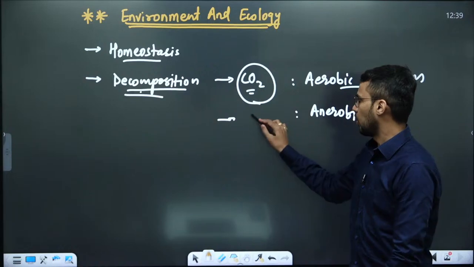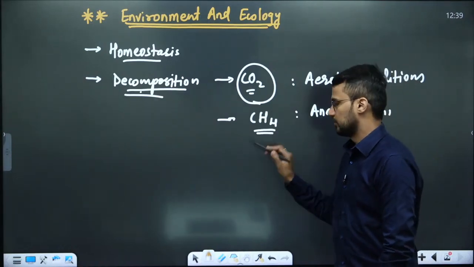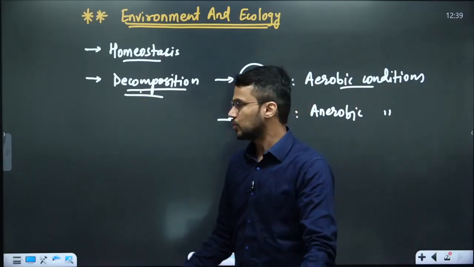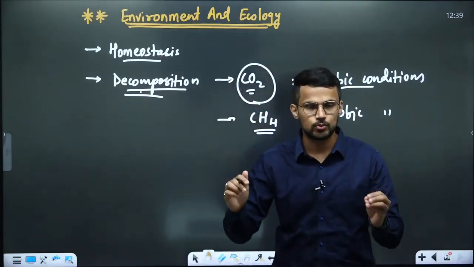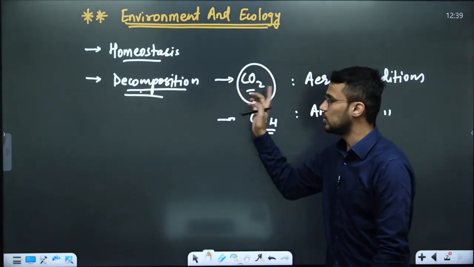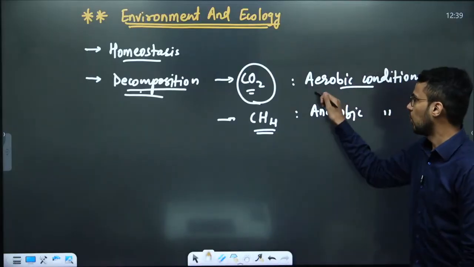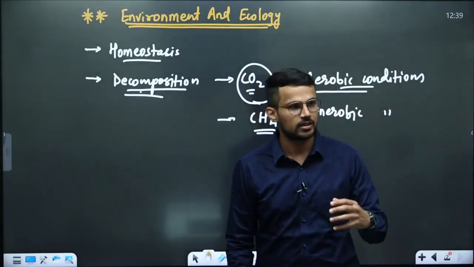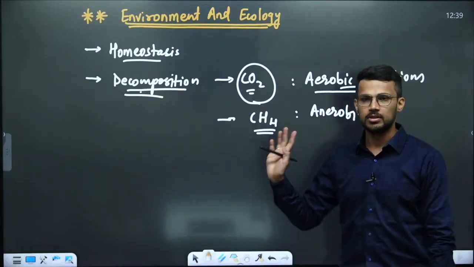It would lead to emission of methane, right? So that is an important point that you should be aware of. Decomposition is an oxygen intensive process which leads to emission of CO2, but that is only true for aerobic conditions. In anaerobic conditions, the gas that is exhaled out is methane.